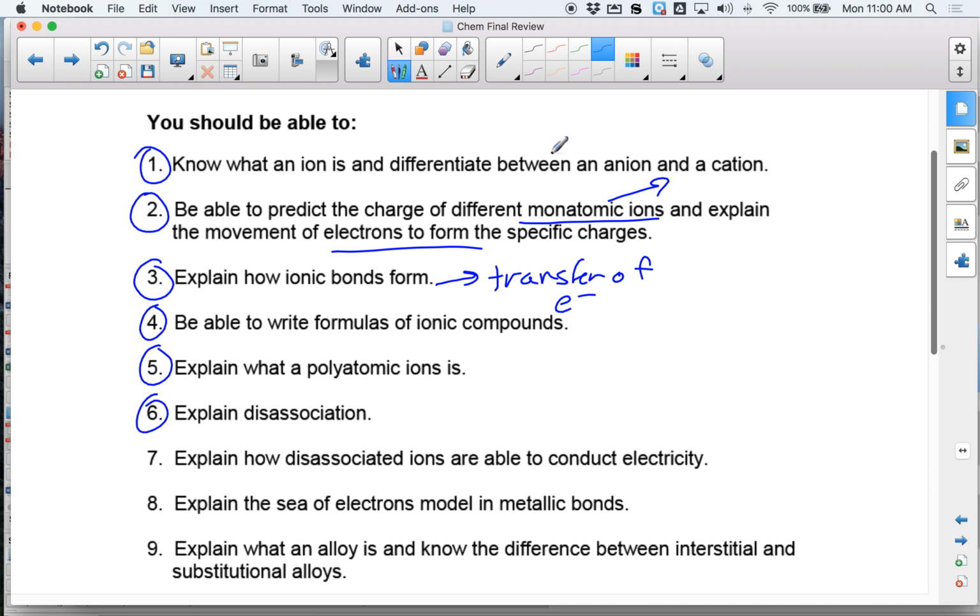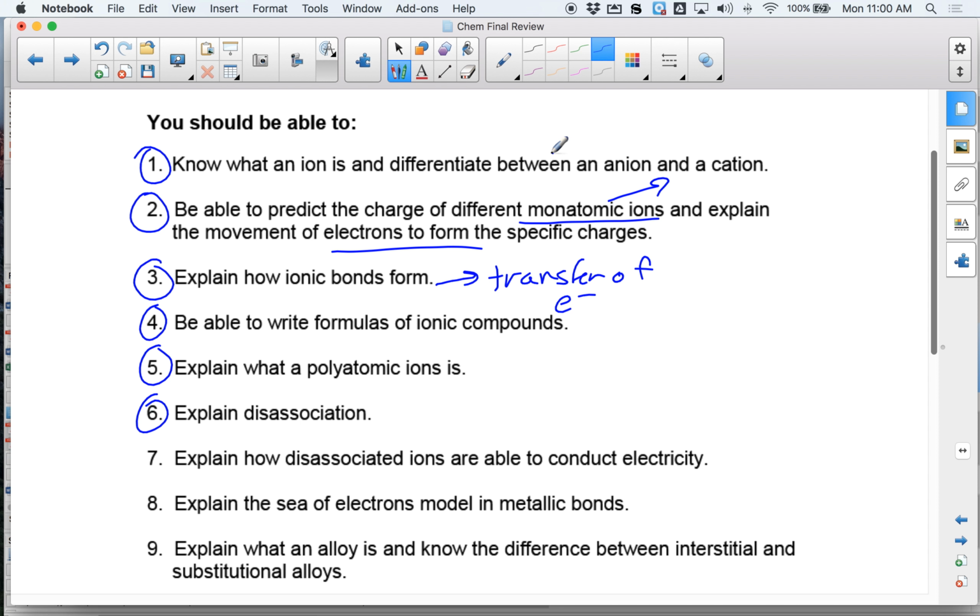There's going to be a giving up of electrons from one and a taking of electrons from another. So, for example, sodium and chlorine, when those atoms meet each other, the sodium is going to give up an electron. That electron is going to be transferred over to the chlorine. That gives this a -1 charge. That gives this a +1 charge. And that's why they form an ionic bond.